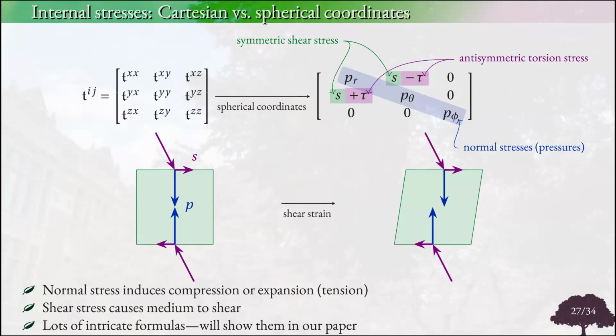Finally, there is the stress tensor. The stress tensor is a pretty complicated object, but there are a few tricks you can use to simplify it and try to understand it a bit deeper. Instead of looking at all 9 of these components individually, first, you can transform to spherical coordinates.